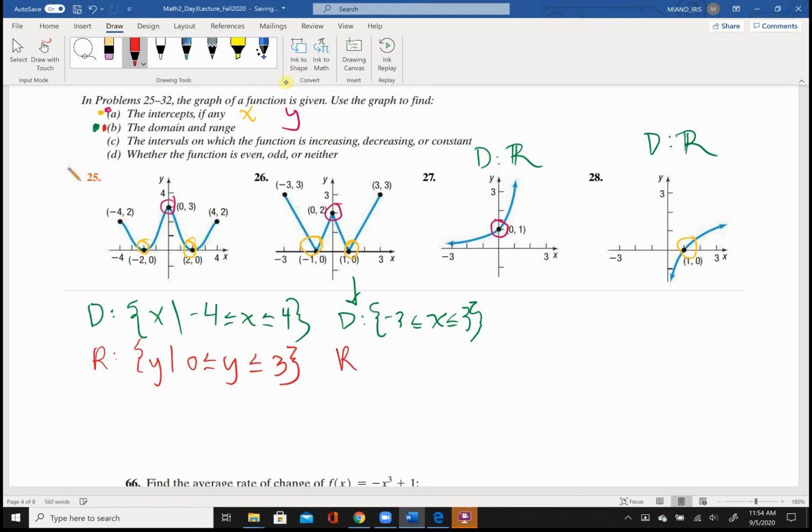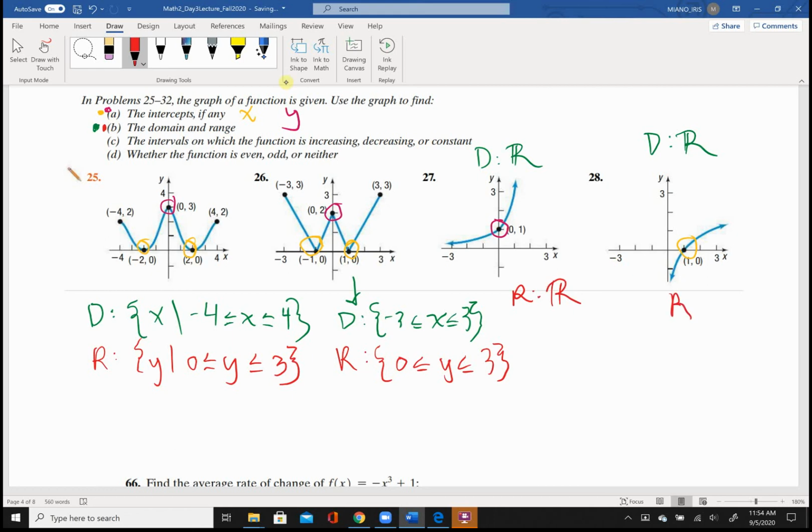The range for number 26, same. The lowest point is at 0, go all the way up to 3. Okay. Here the range appears to be all reals. Range here also all reals.